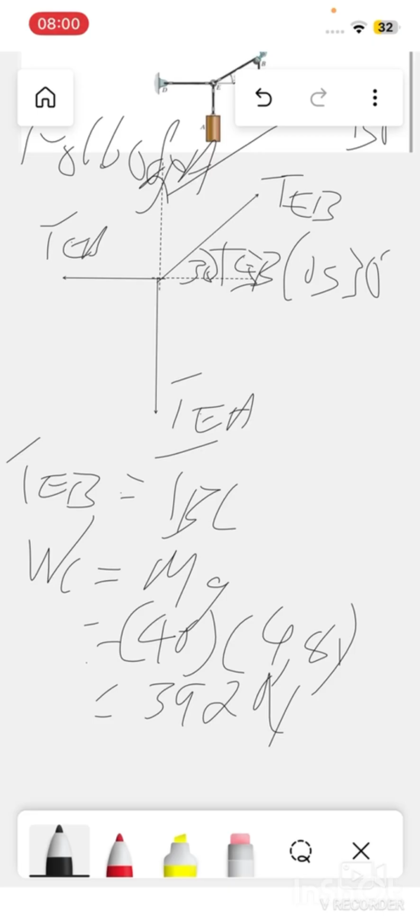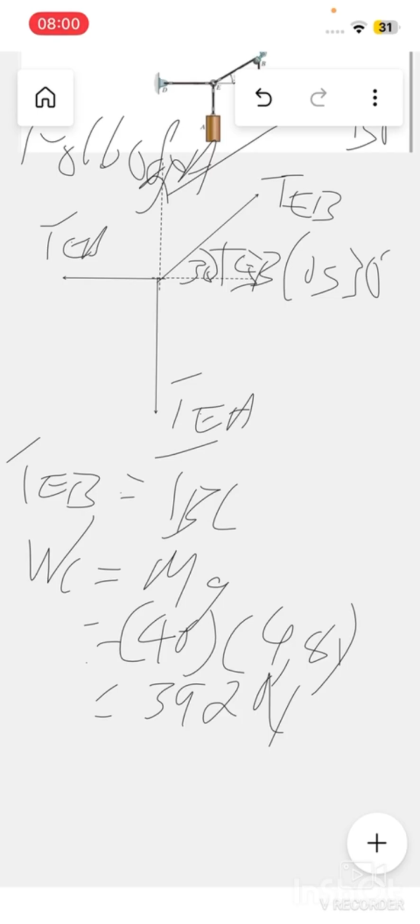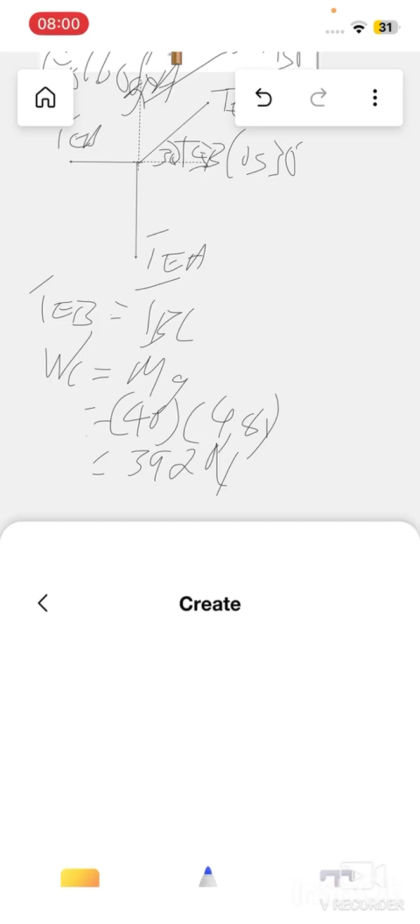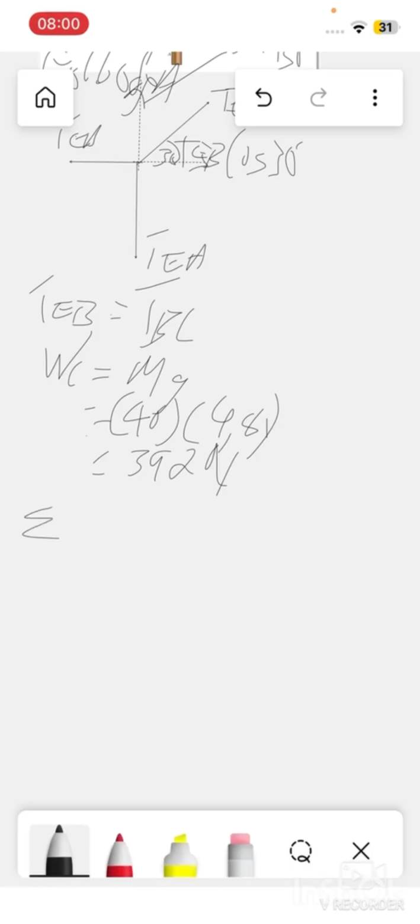We're going to go to the summation of the vertical forces. We know the summation of vertical forces is equal to 0. We take up as the positive direction. Therefore, we have TEB sine 30 minus this force.